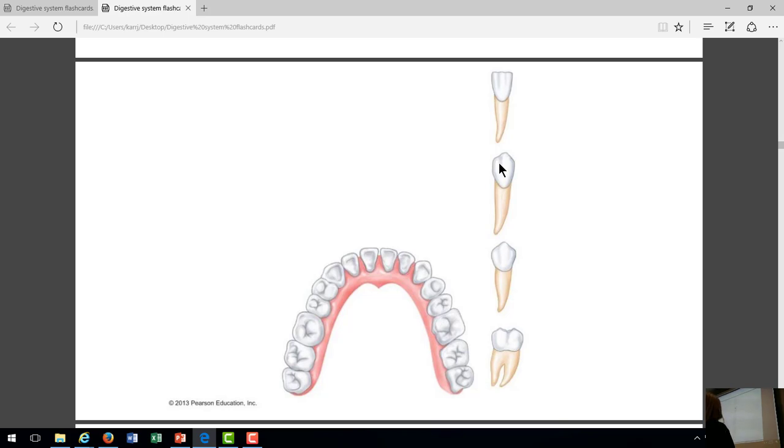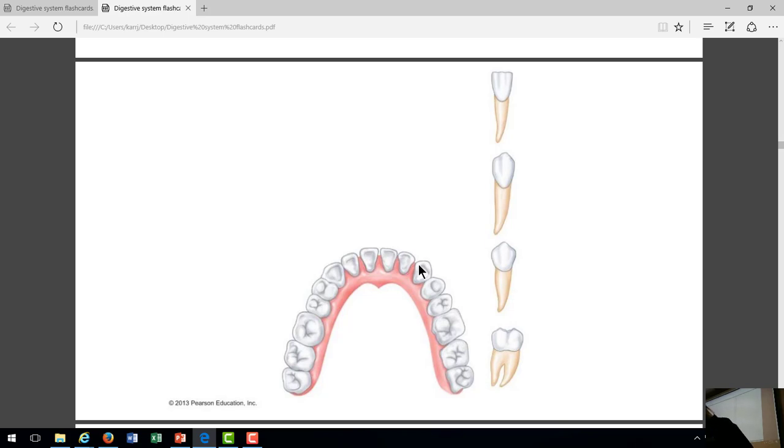When we look at animals whose main diet is meat, we see enlarged canines for piercing and tearing flesh. So those are the canines. Find the 4 incisors, and then the next tooth on either side of that are the canines. So here and here.